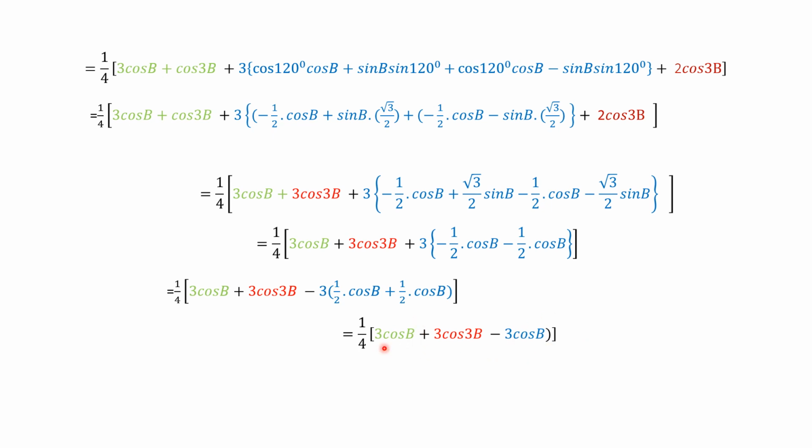Will they cancel? Of course they will cancel. So once they are cancelled, what are we left with? We are left with 3 cos 3b, and that 3 cos 3b will multiply 1 over 4 to get 3 by 4 cos 3b, which is equal to the right hand side. Proved. I hope you understood this now.